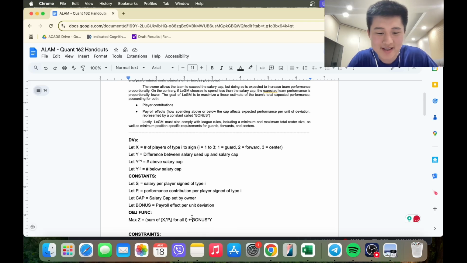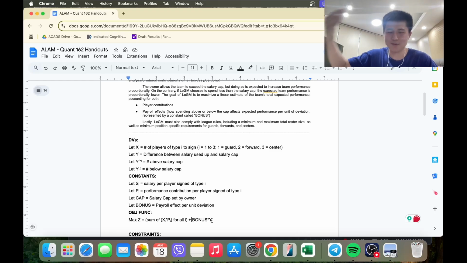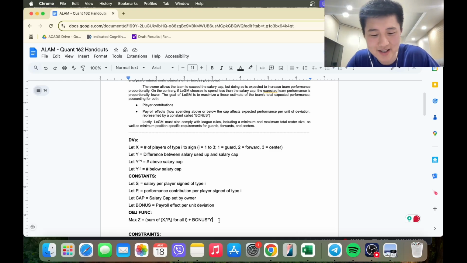So it means that the expectations must be higher, right? The owner's expectation. So it should not be the case that it improves our objective, it improves our z. So we make this minus.